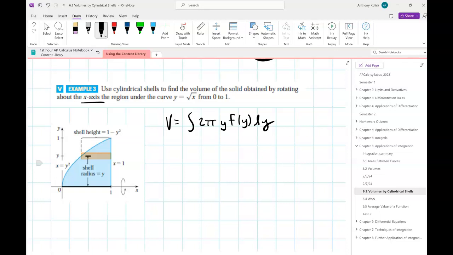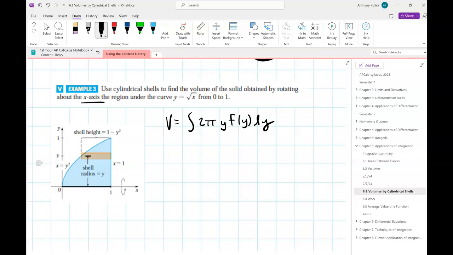So again, my cylinders are going to be like, I don't want to draw this.